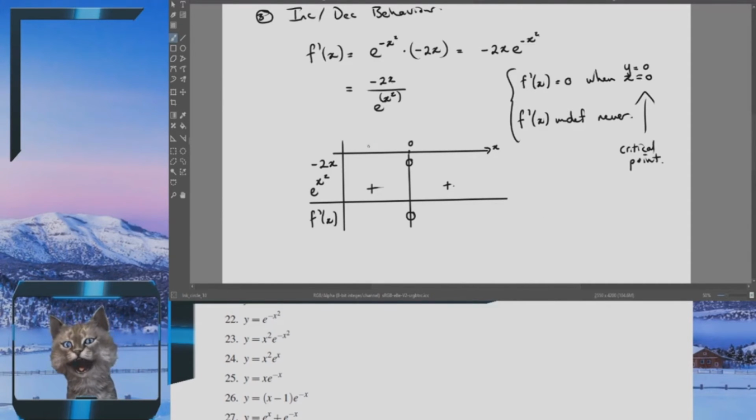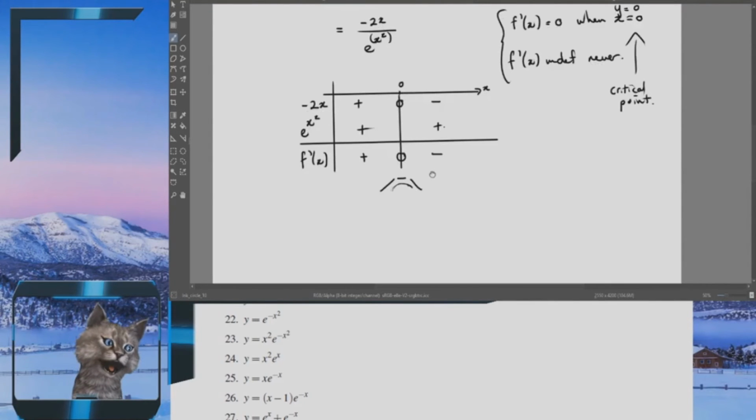Negative 2x is going to go positive to negative. Now, by way of multiplication and division, two positives will make it positive. Negative and a positive will be negative. So I have an increasing section, 0, negative. So I see my little crest shape.